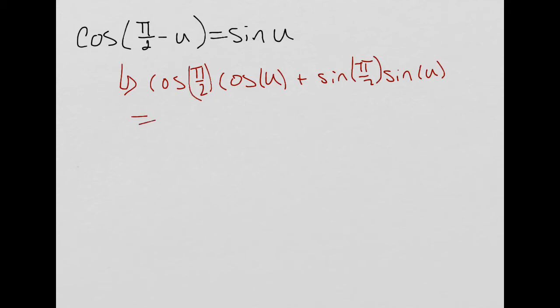But cosine pi over 2 is 0, so this whole thing is 0. Plus sine of pi over 2 is 1. So all that's left is sine u. Another one of these that just falls out really delightfully from these addition formulas for sines and cosines. Now I've got one for you that's a little bit more complicated.